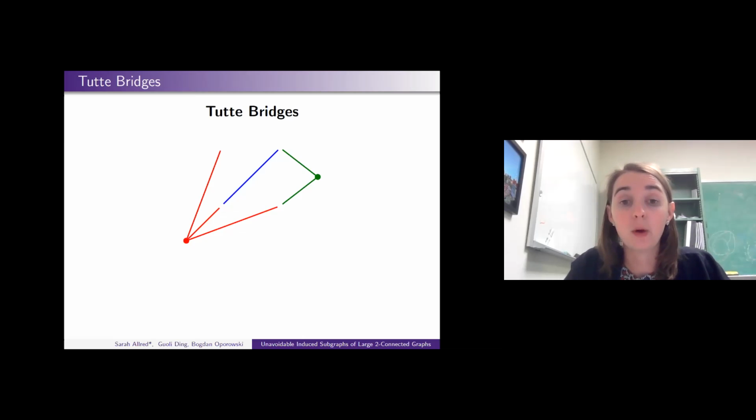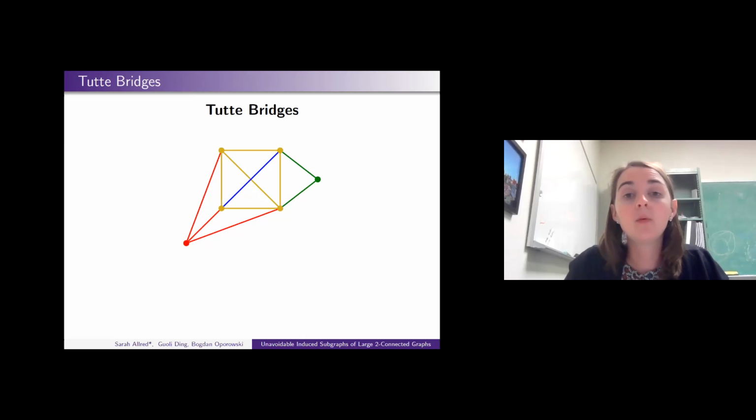So you see we can have a red piece, a blue piece, and a green piece. And then when we put back in our gold graph, we're going to see that we have three bridges: a red bridge, a blue bridge, and a green bridge. Okay? Good so far?